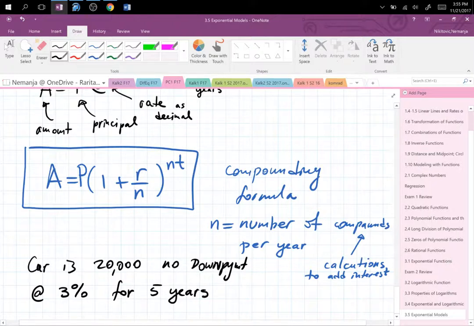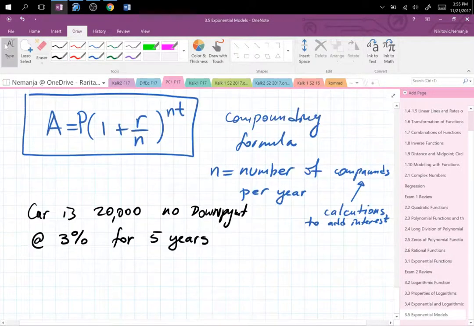This is a calculation that you can do while still in pajamas, without bothering to go to the dealership. Great. Now, just by being alive, you know that a year has 12 months and you will be making 12 payments, which says n equals 12.